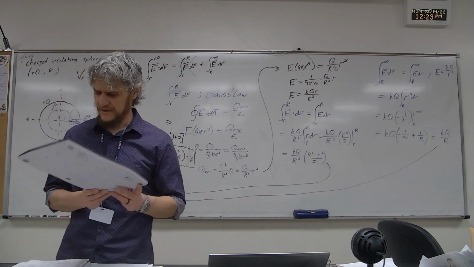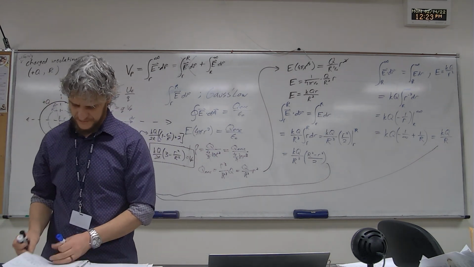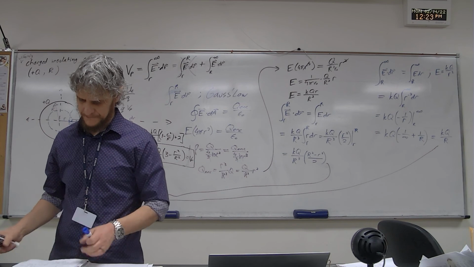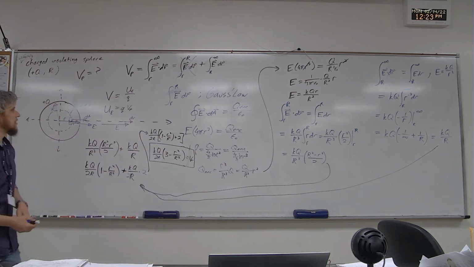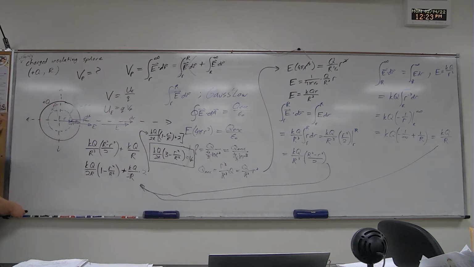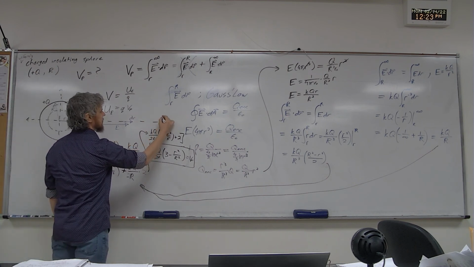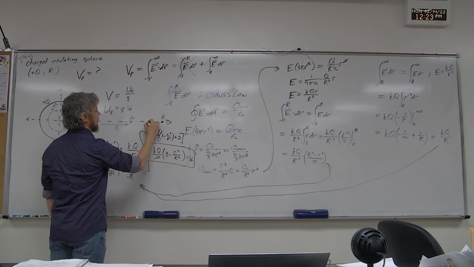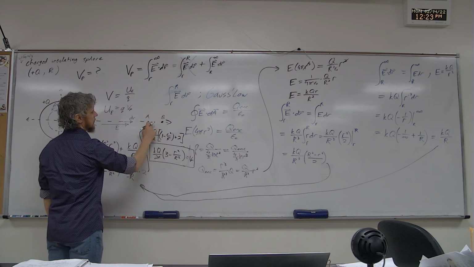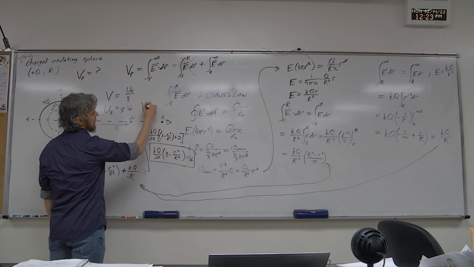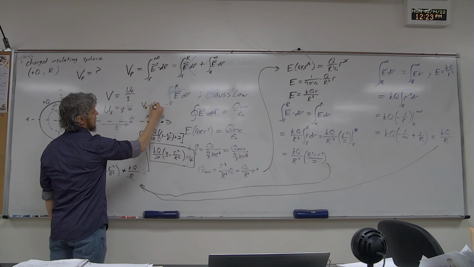Is there anything else? Note that, let's say in this diagram, this is point B, this is point A. VB minus VA.